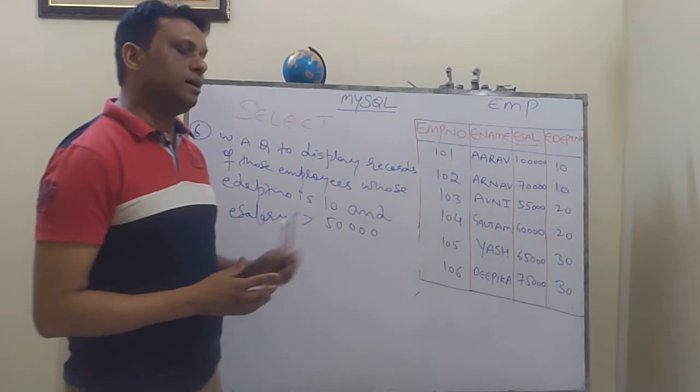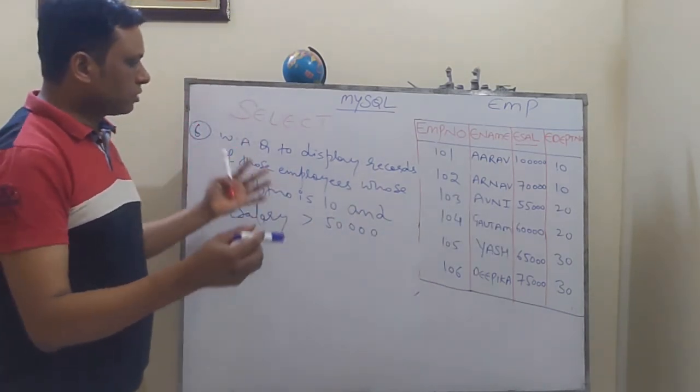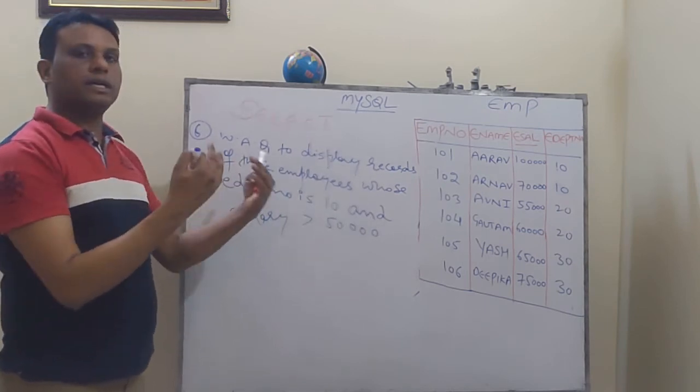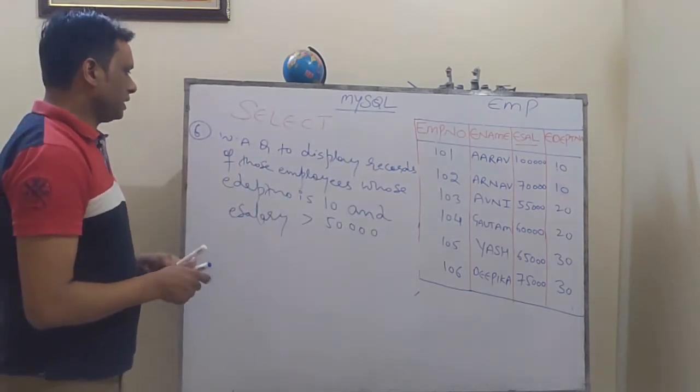So in this query there are two conditions. Now how to combine a query with two conditions? How to write a query which contains two or more conditions? Let us see.